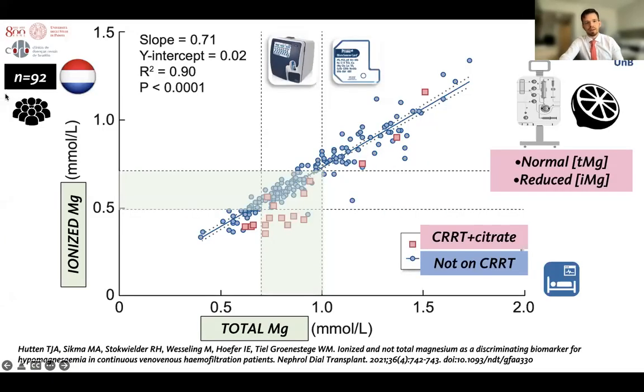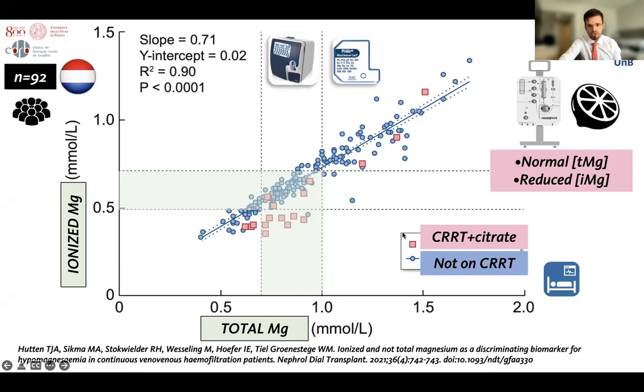This study in the Netherlands, with 92 individuals, compared how ionized magnesium correlates with total magnesium in severely ill patients in the ICU but not on CRT, versus patients undergoing CRT with regional citrate anticoagulation.